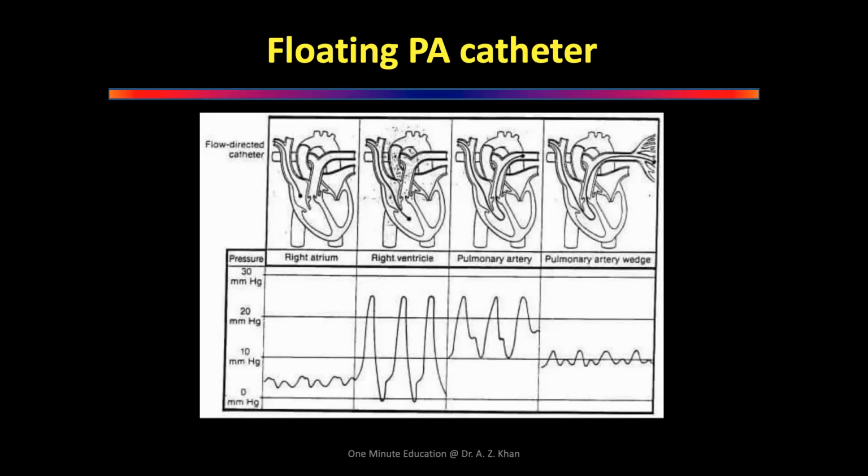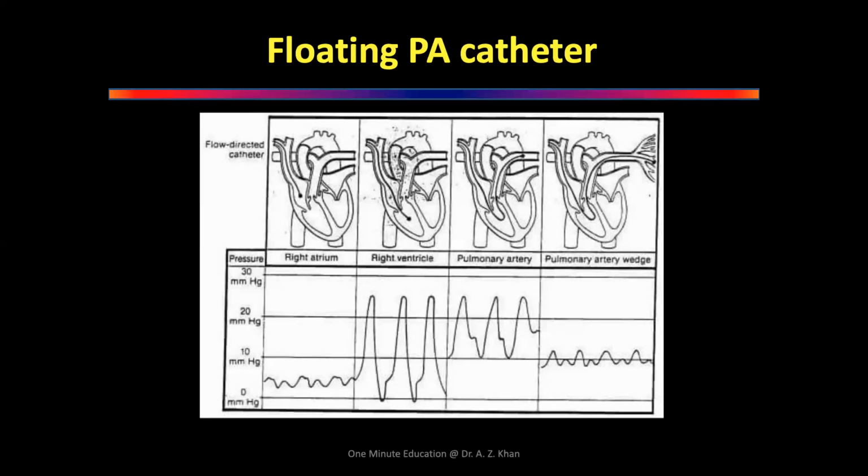So in a very sick patient, you want to increase the inotropes, you want to decrease the inotropes, you want to give fluid, you want to give dopamine, you want to give adrenaline, you want to give noradrenaline. That decision of what inotrope to give, how much to give, how much to increase depends on the wedge pressure and depends on the calculation of the cardiac output and cardiac index.